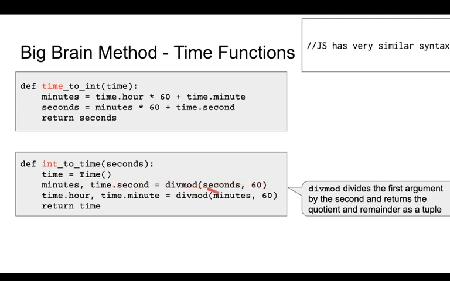So the integer division is the first argument of the tuple. The next one is the remainder, so your quotient and your remainder. For JavaScript, you'll have to do this by hand. Remember, use Math.floor to get the integer division part, use the percent sign to do the modulus part.